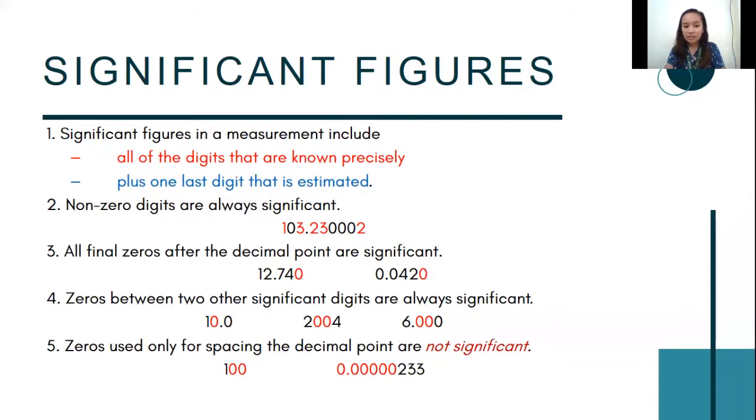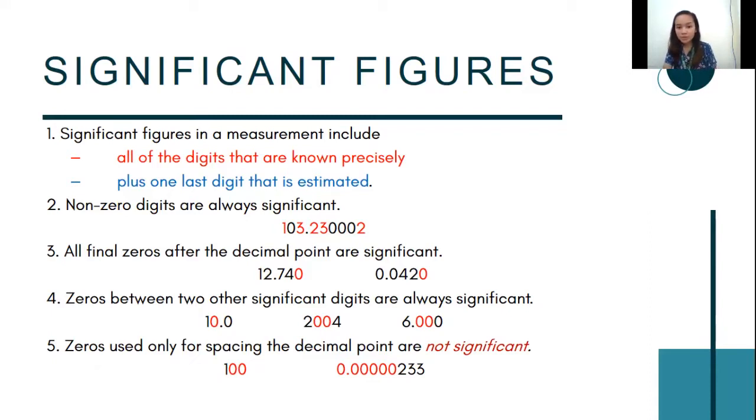Now, all final zeros after the decimal point are considered significant. This is if prior to these zeros are non-zero numbers. So you can see there the example. You have 12.740.